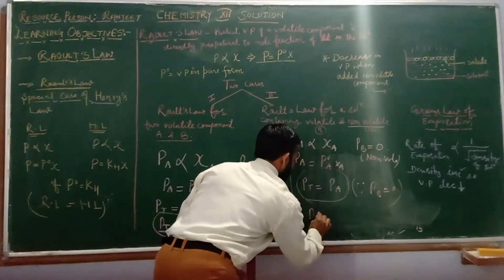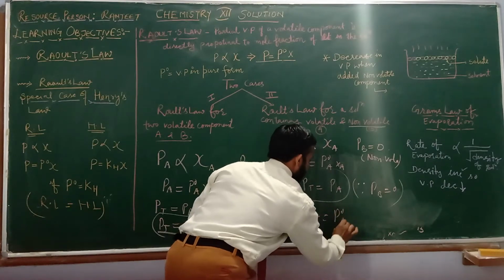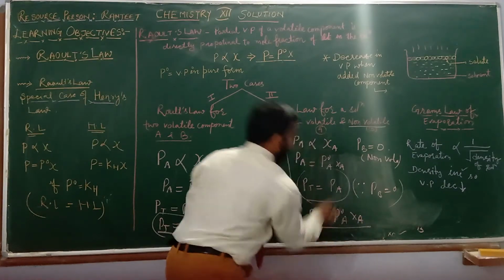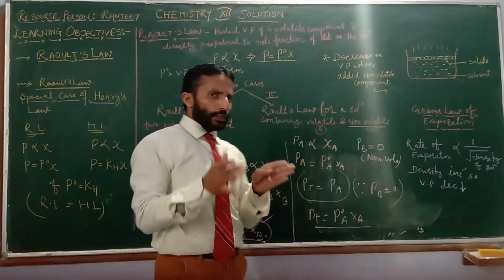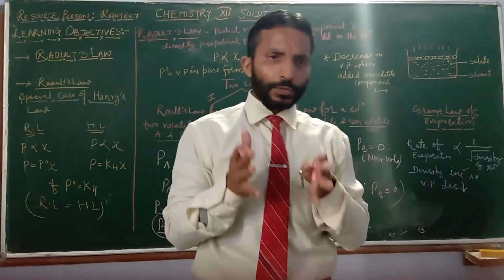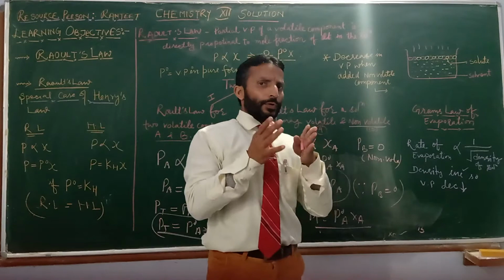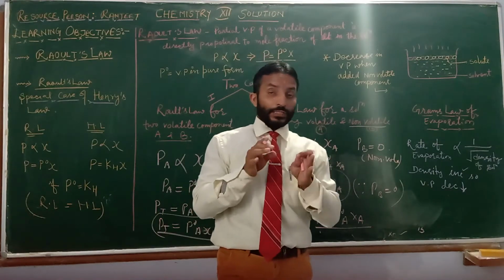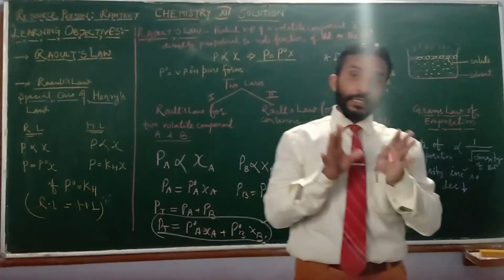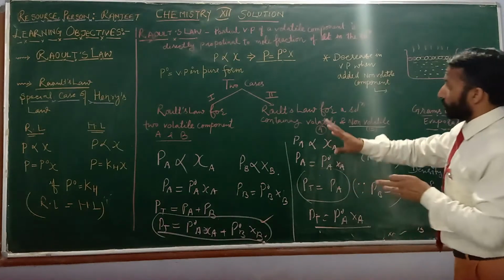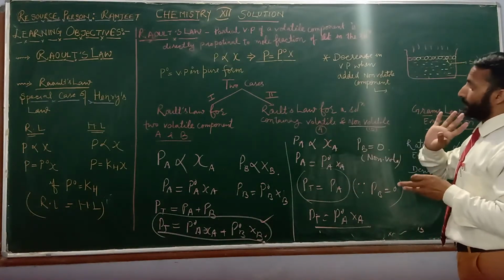And P total is here P naught A XA. Right? So here the total vapor pressure of the solution will be only the vapor pressure of component A, or the component which is volatile in nature. Okay, so these are the two cases.